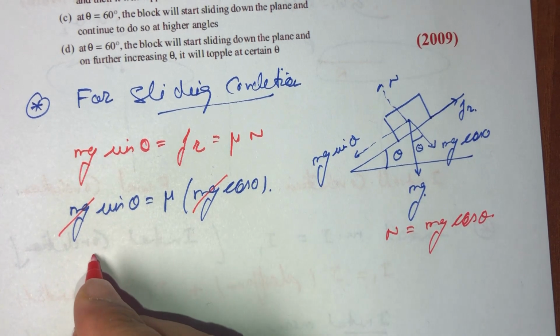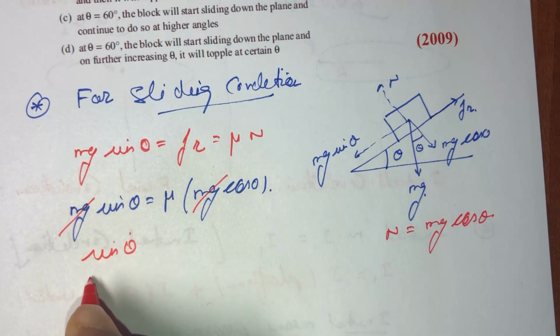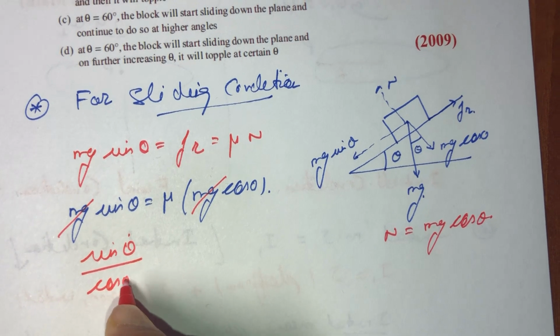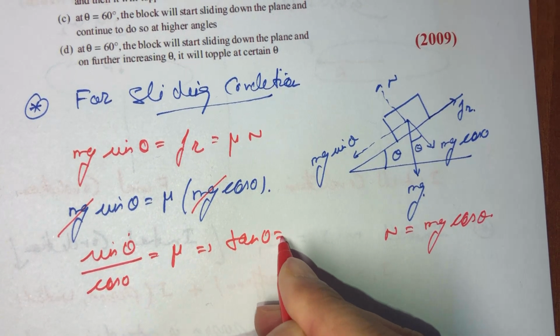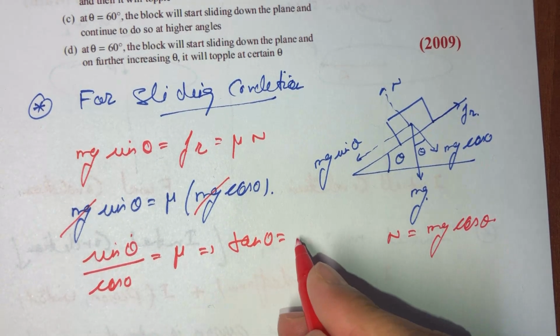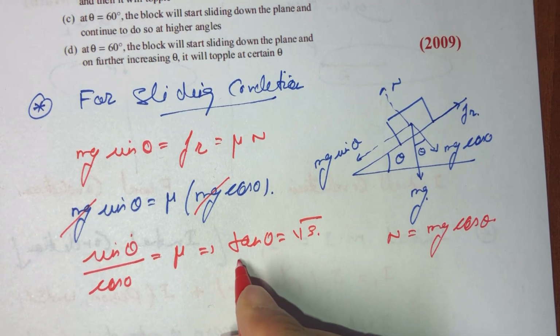So from here we get sine of theta divided by cos of theta is equal to mu, or we can say tangent of theta, and mu is given as square root of 3, so this will be square root of 3.